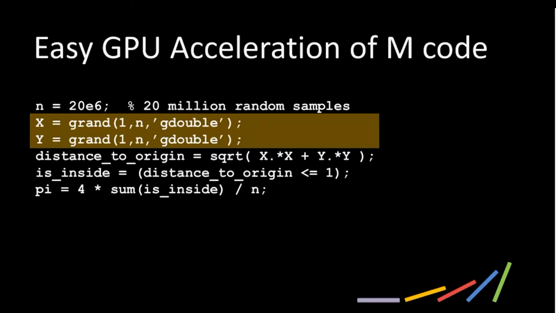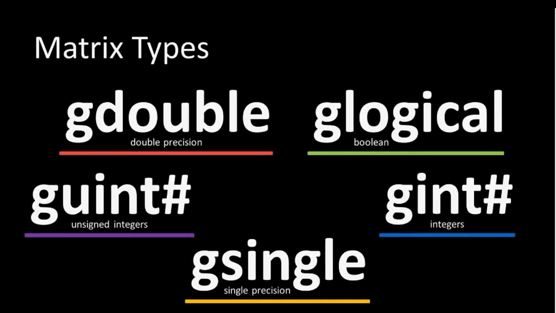So we offer the grand function that creates a random matrix, or in this case, a random vector of 20 million random samples of double precision out on the GPU. The rest of the lines then are standard computational lines that have no need of modification to do the GPU computing. The kinds of data that are supported through Jacket are the same kinds of precision types that you would expect out of a computation.